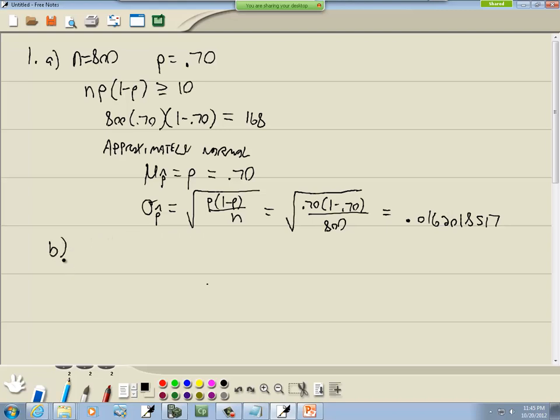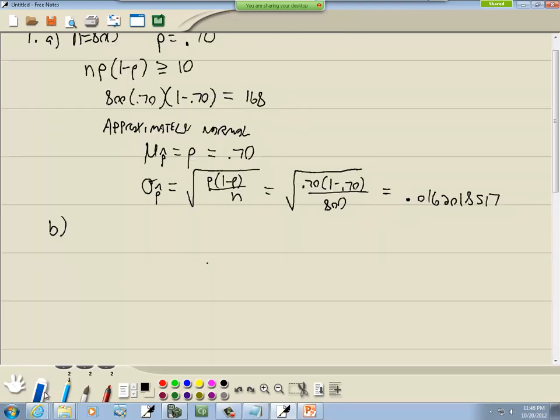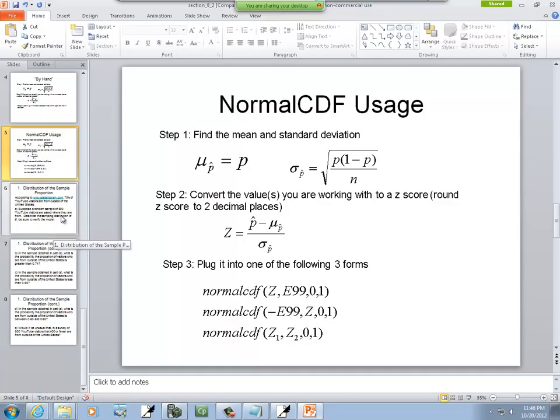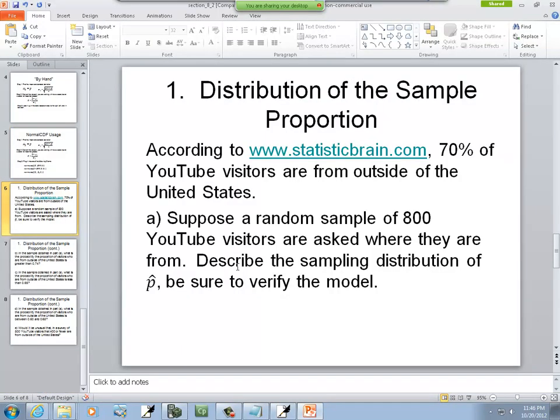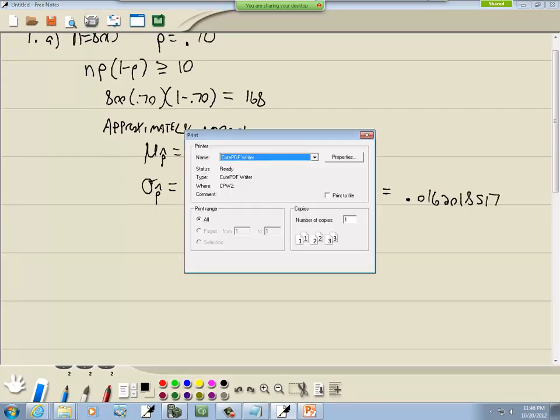And that's the first part of our problem. The second part, let me actually put that on a separate page. I want to have room. That's part A, describe the sampling distribution, verifying the model. So let me save that.